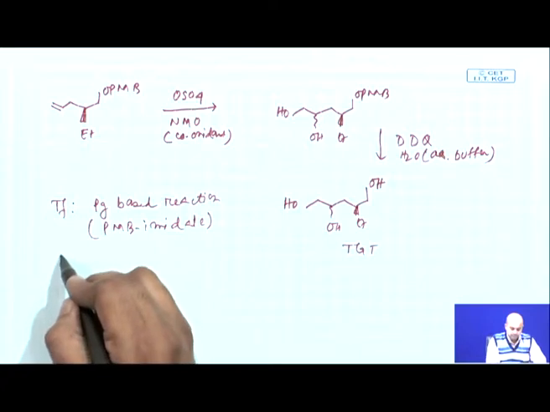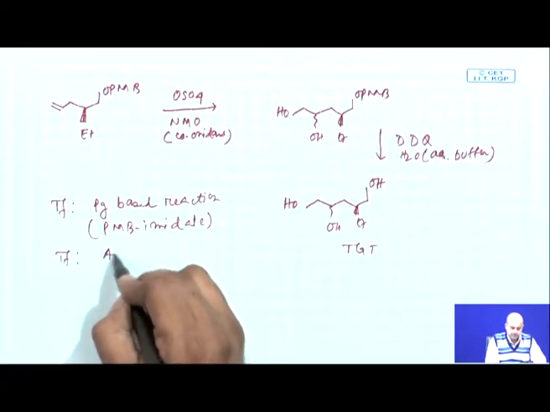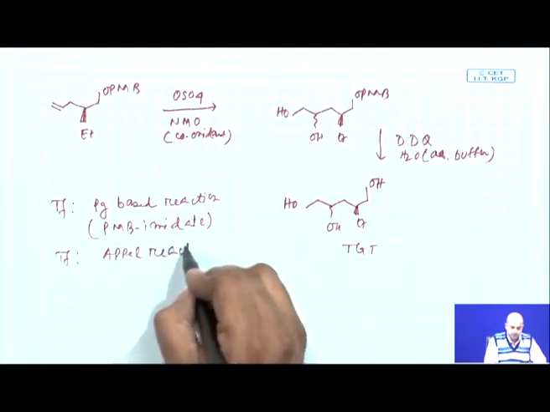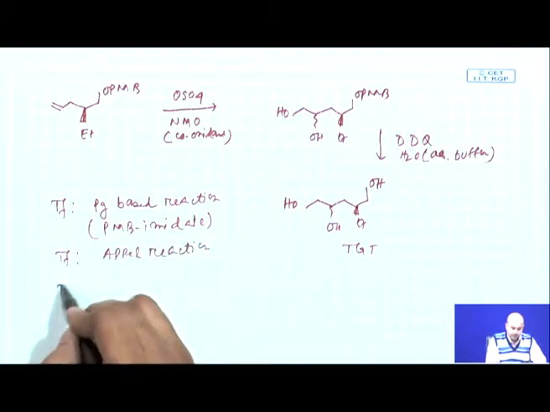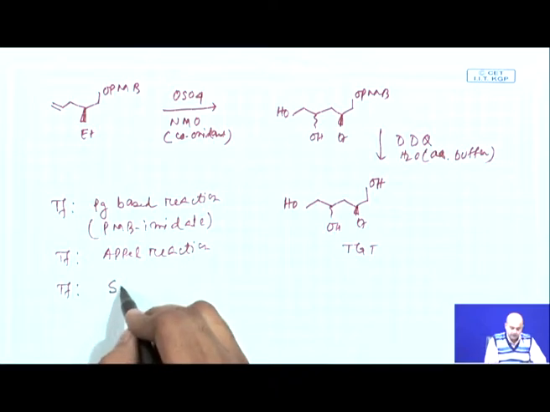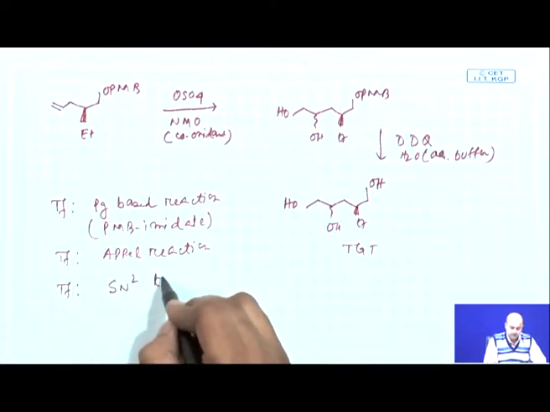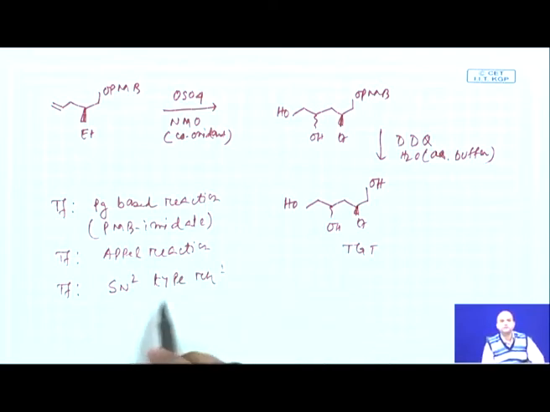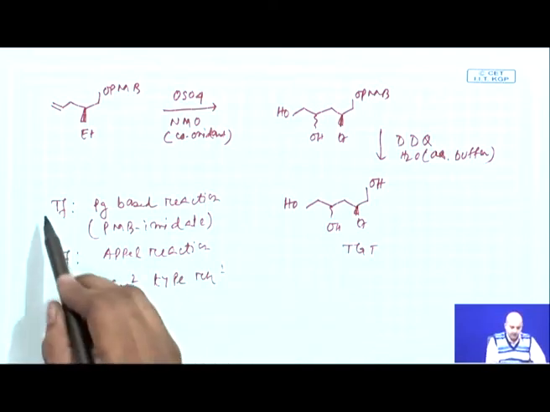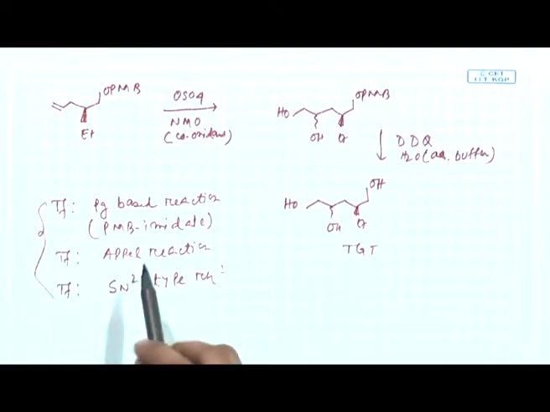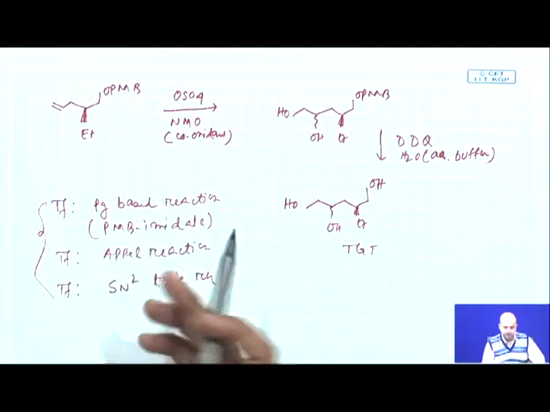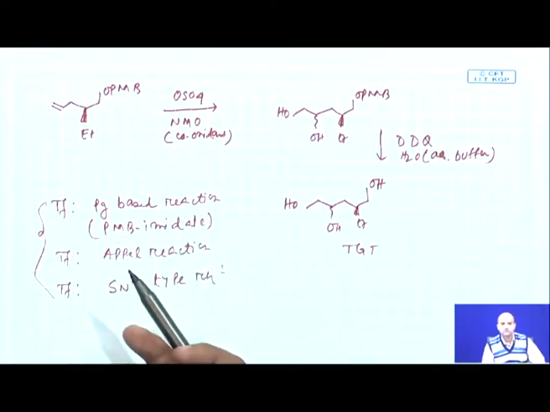Then we used an Appel reaction to generate the corresponding bromide from the alcohol, and then we also used an SN2 type reaction. So, all these reactions have been combined together, and eventually you can classify this particular synthetic pathway as a combination of all the three. Basically, we are using functional group based chemistry.